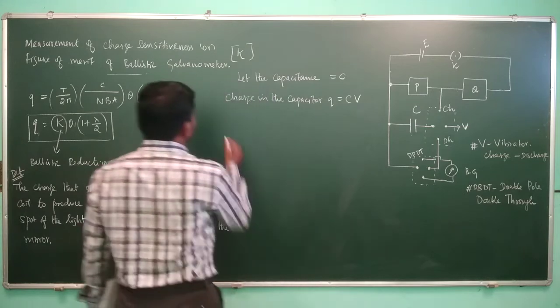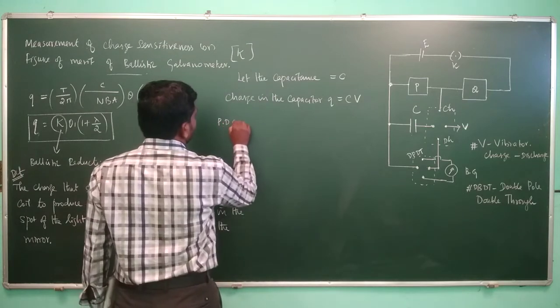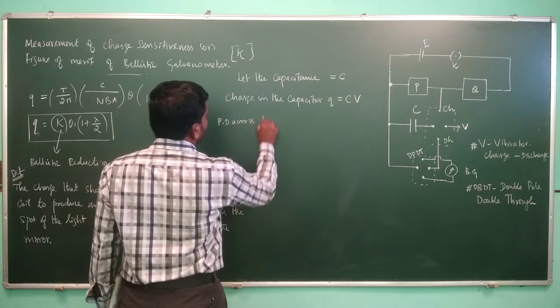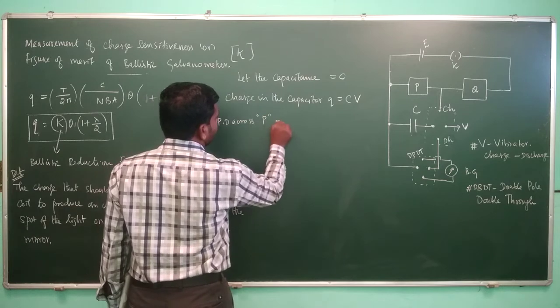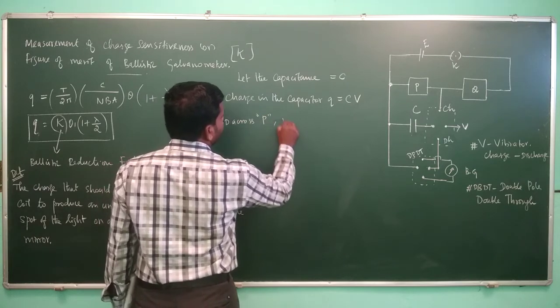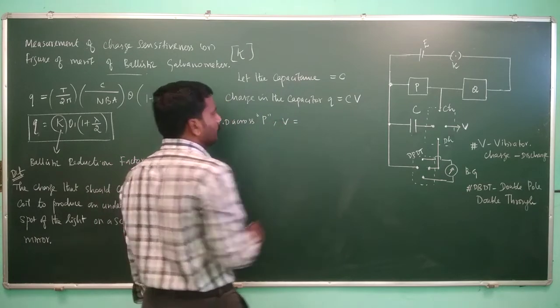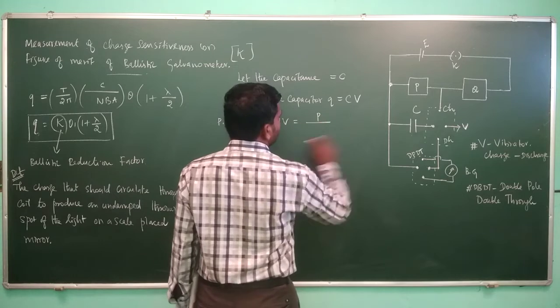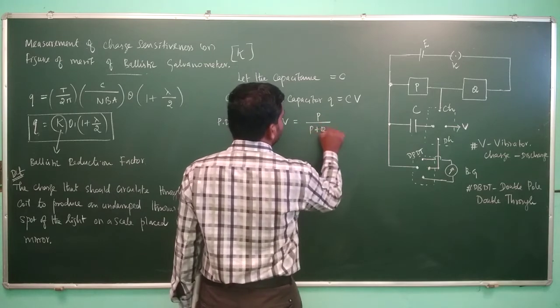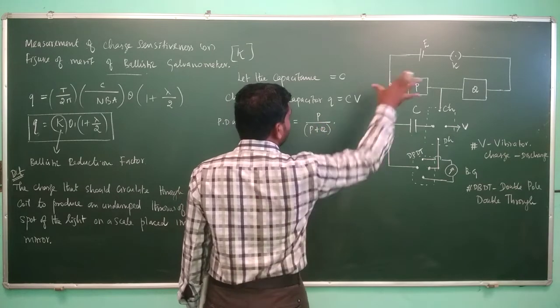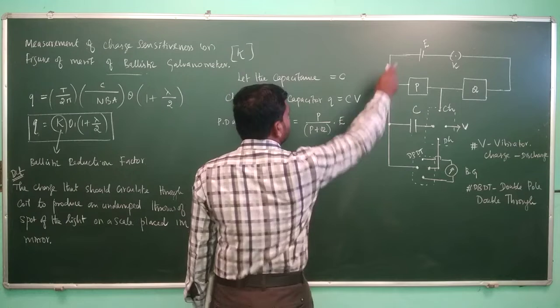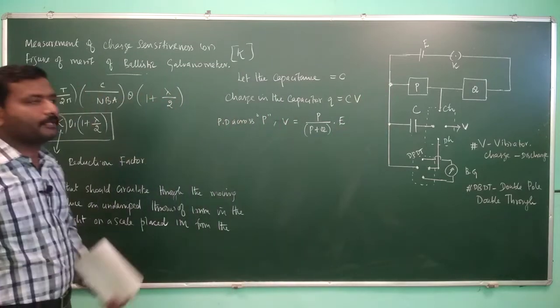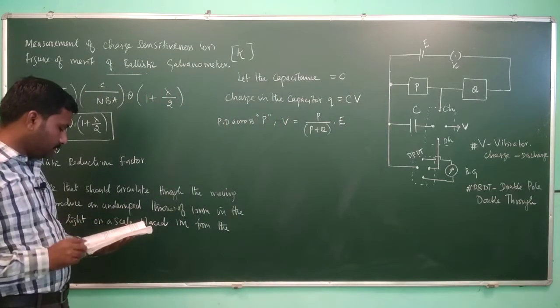So the potential difference across P, which is V, is equal to the resistance P over the sum of the resistances P plus Q, multiplied by the potential applied, that is E. Okay, this is the expression.